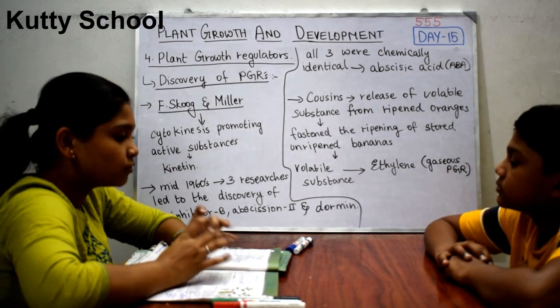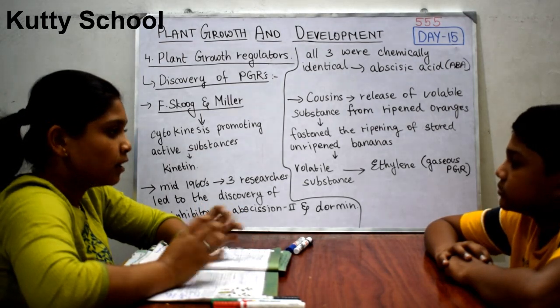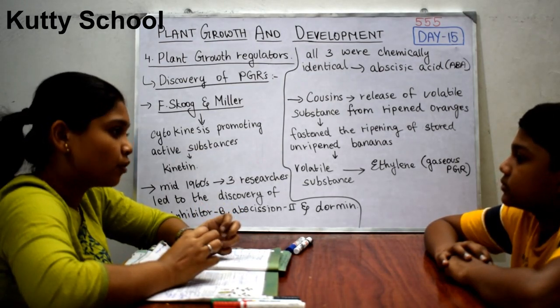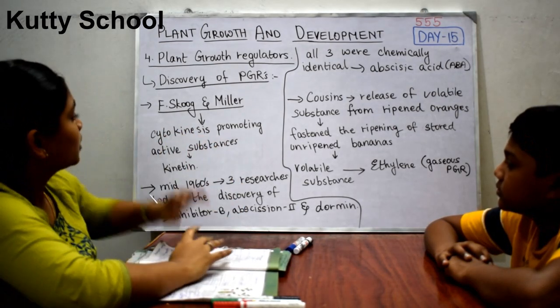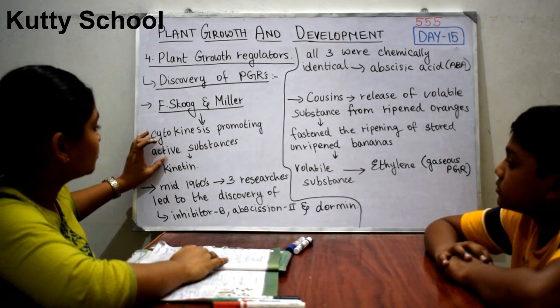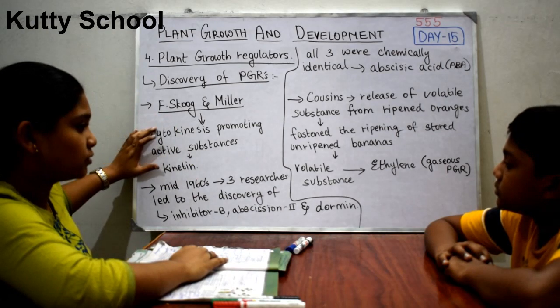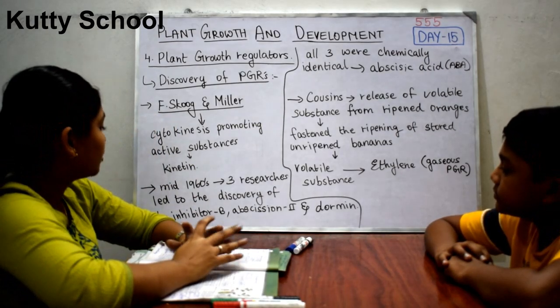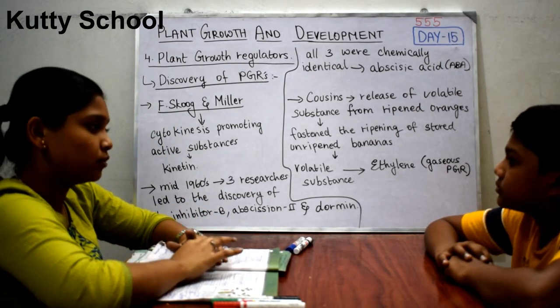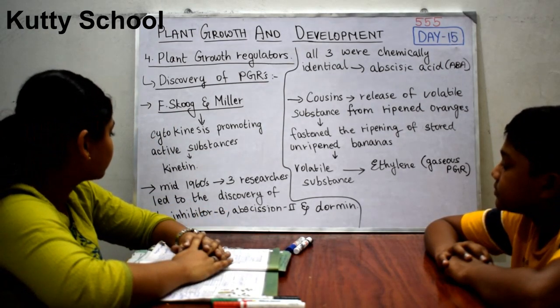The separation of cytoplasm is known as cytokinesis, and the separation of the nucleus is known as karyokinesis. First the nucleus divides and then the cytoplasm divides. They discovered these active substances and named them kinetin. So kinetin is a derivative of cytokinins.